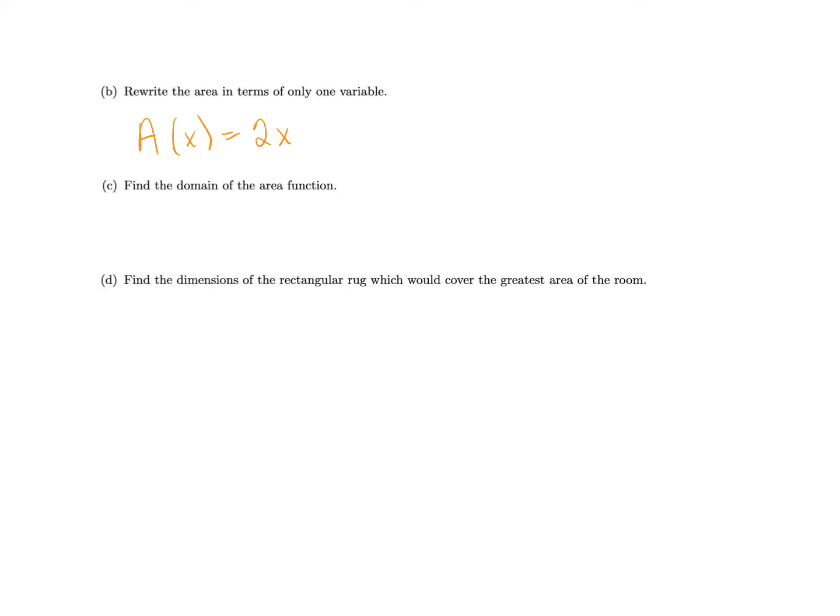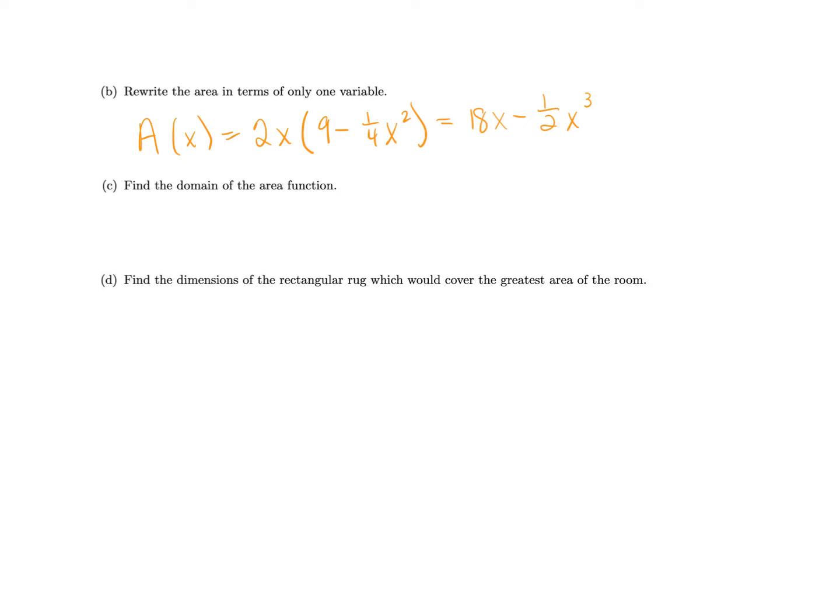So I have 2x, and then instead of y, I'm going to write the formula for the curve, because y equals 9 minus 1/4 x squared. And then I'll just distribute, and I get 18x minus 1/2 x cubed.